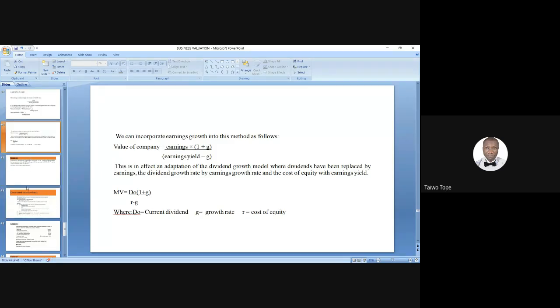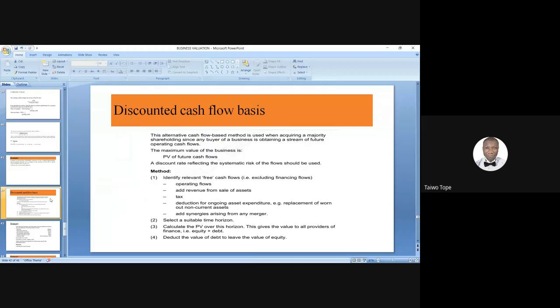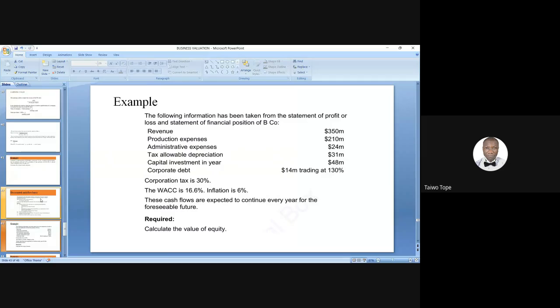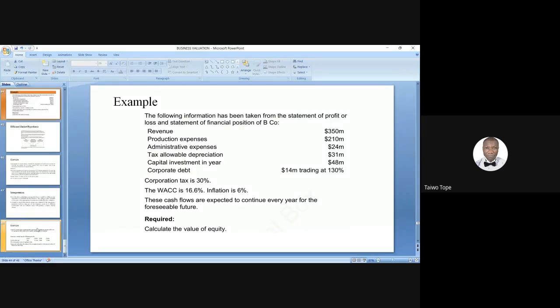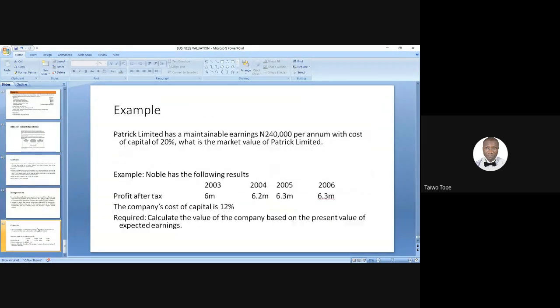When you are given the value of dividend year by year, you are given the value of earnings year by year. How do we treat that in Gordon's growth model?